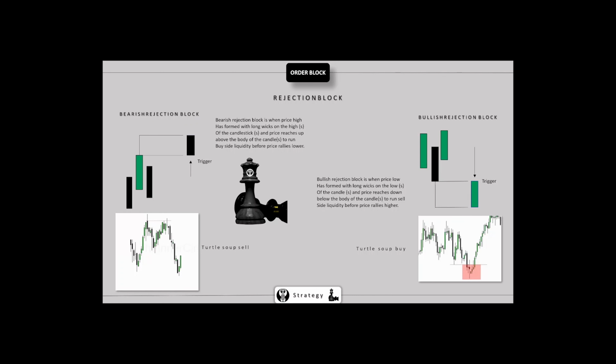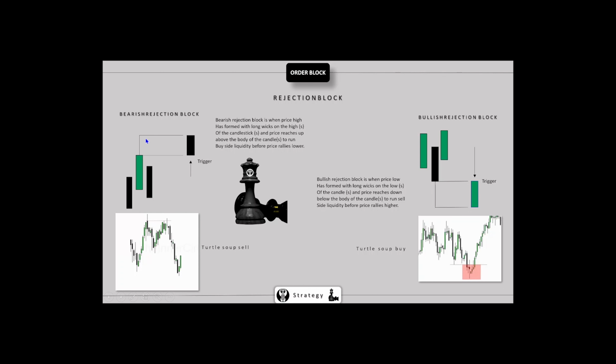The prices were rejected. The bearish rejection block is when a price high has formed with long wicks on the high of the candle, and price reaches up above the body of the candle to run buy stop liquidity before price rallies lower. It runs the buy stop liquidity before it rallies lower.